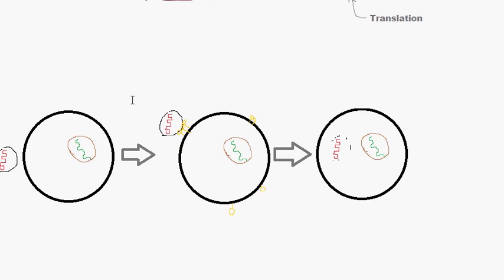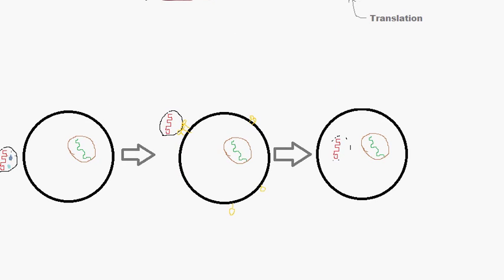This is always there, but in the case of retroviruses there are three specific proteins in the viruses. Let me make them in different colors.